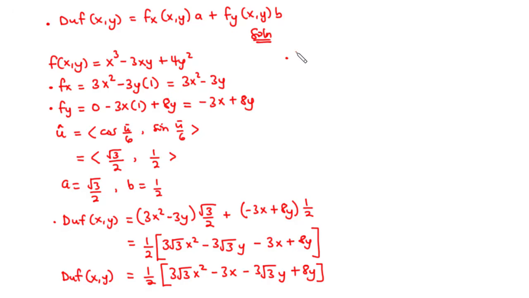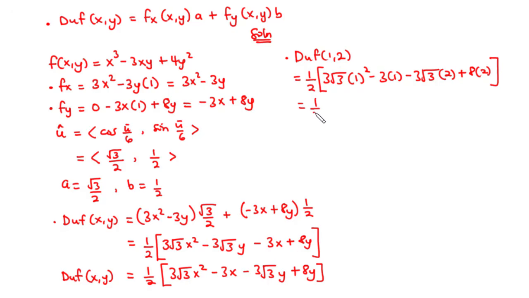Therefore, we have Du f of 1, 2, and that is equal to, now from this expression, we have 1 over 2 into brackets, so 3 root 3 times, we have x is equal to 1, so 1 squared, minus 3 times 1, minus 3 root 3 times y is equal to 2, plus 8 times 2.